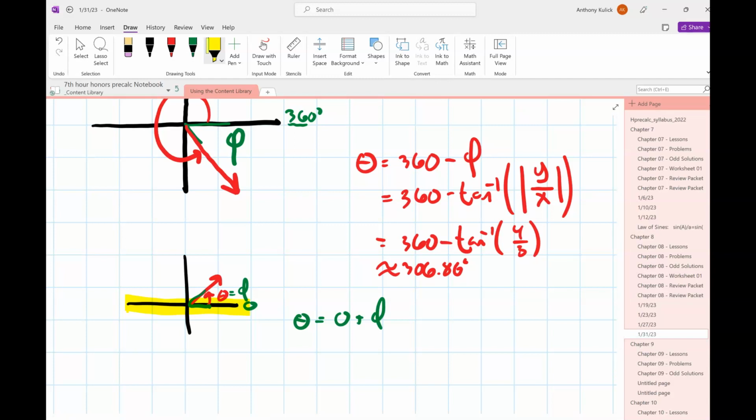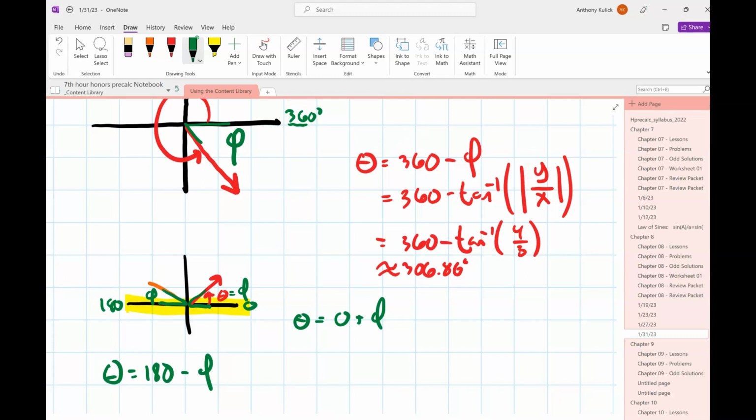So it's going to be 0, 180, 360, etc. If your angle was over here, your phi would be there. So here your theta would be like 180, but you haven't gotten to 180 yet, so it'd be a minus.